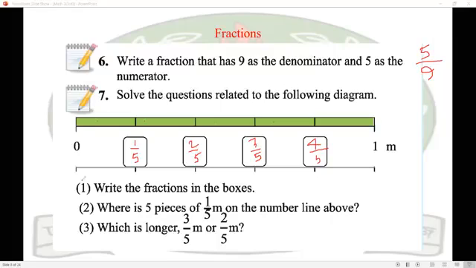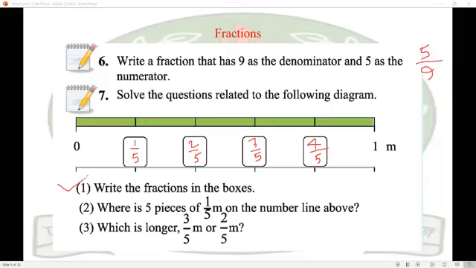Already solved number 1. Number 2, where are 5 pieces of 1 by 5 meter on the number line above? You have to indicate this portion.